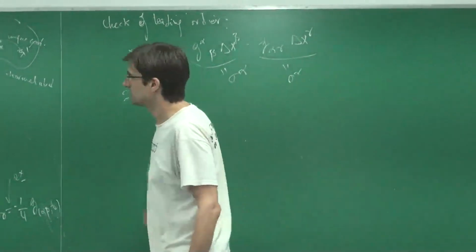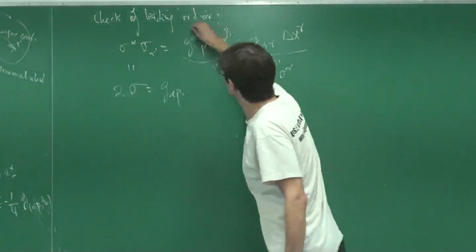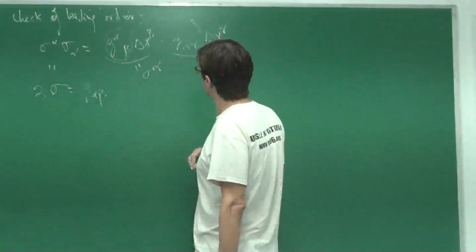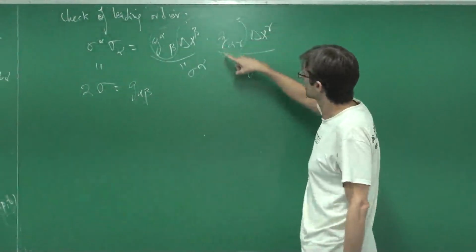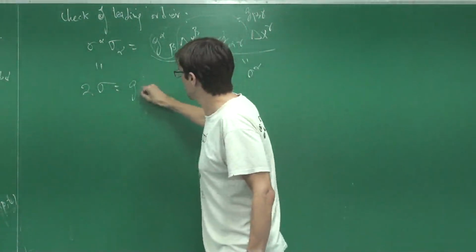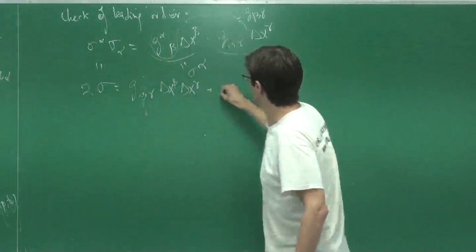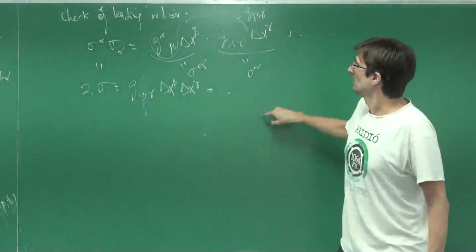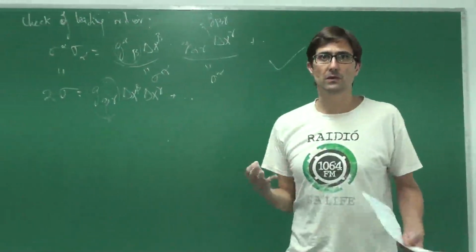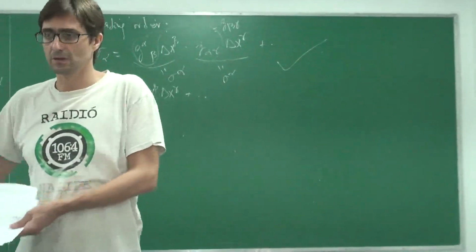But that is indeed the case, because G alpha beta G alpha gamma is G beta gamma, so this has to be equal to G beta gamma delta x beta delta x gamma. This is a check that the leading order that I gave is correct. And you do the same thing to next to leading order.